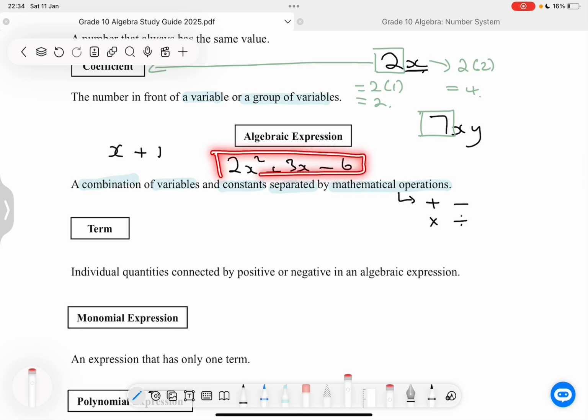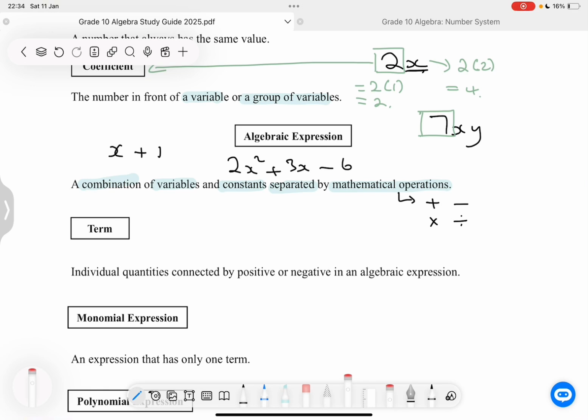This whole thing is called an expression or algebraic expression because it combines variables that are separated by mathematical operations, plus and minus, right? And as I said, there are many expressions that we'll be solving and dealing with from grade 10 to grade 12. So we'll see a lot more expressions.